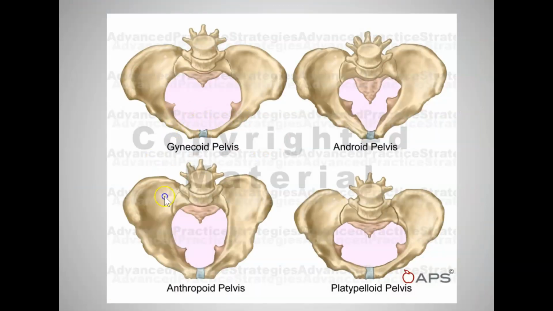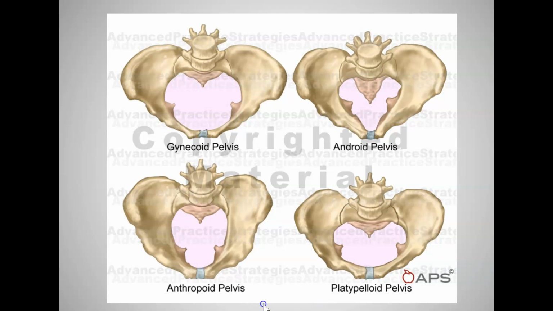And then here I do have the gynecoid, android, anthropoid, and platypelloid pelvis. There are pictures of the different types of pelvises that women generally present with.